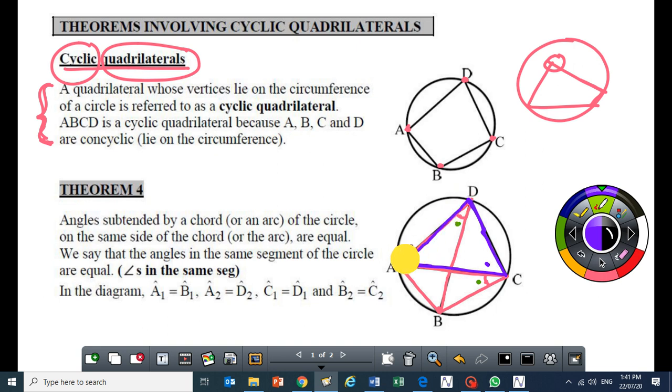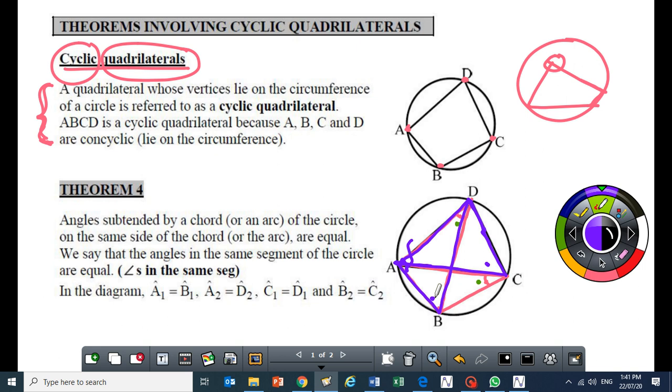This same chord will also subtend this angle, which is going to be ABD, that angle. Okay? So you have to choose the chord and then you look at which angles are subtended by that chord. If those 2 angles are on the circumference, then you can say the angles are equal. Alright? So make sure you are aware of it.